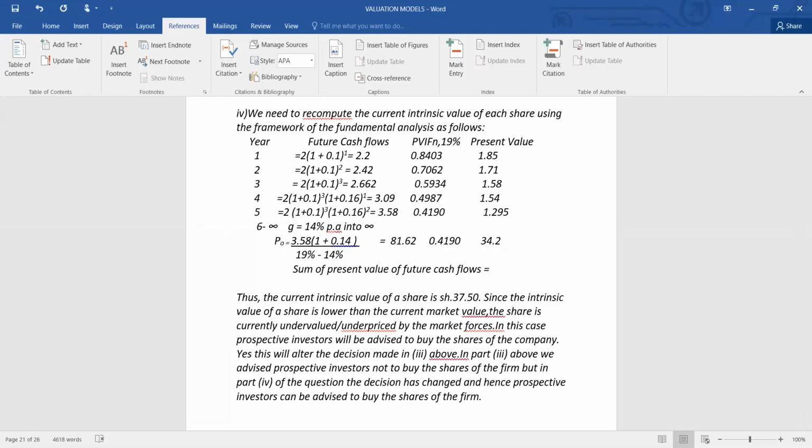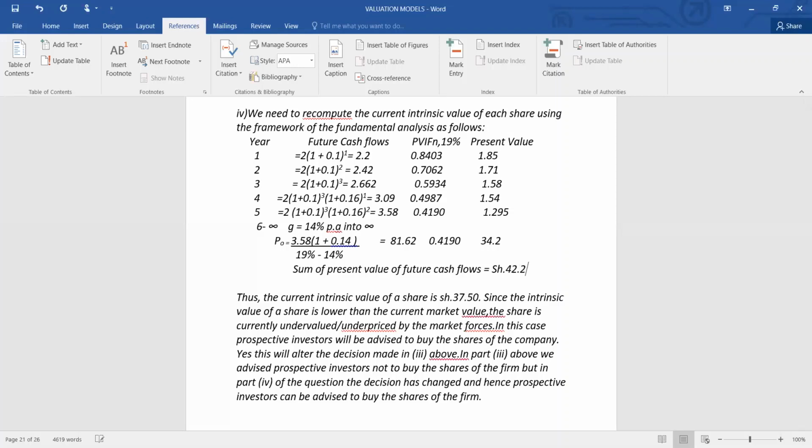Plus 1.295 plus 1.54 plus 1.58 plus 1.71 plus 1.85, 42.2. Total present value is 42.2, eh?